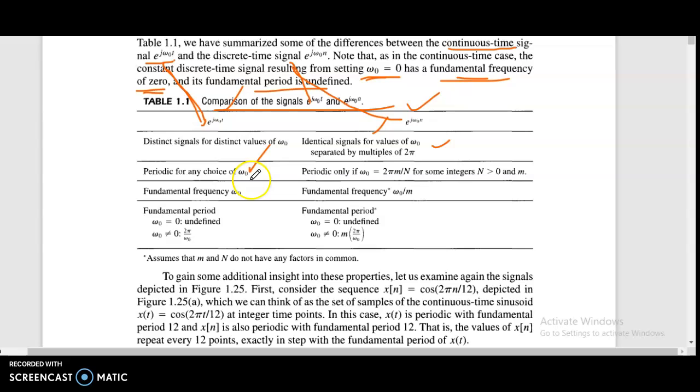The fundamental frequency is ω₀ in continuous time, and ω₀/m in discrete time. The fundamental period is undefined for ω₀ equal to 0, and 2π/ω₀ otherwise in continuous time. In discrete time, it is undefined for ω₀ equal to 0, and m(2π/ω₀) for ω₀ not equal to 0, assuming that m and N have no factors in common.